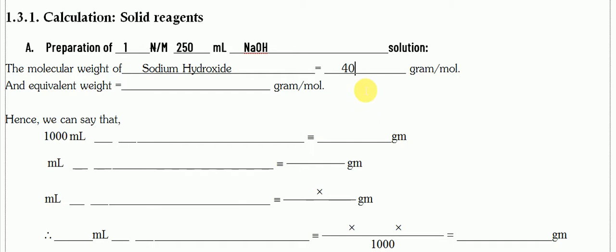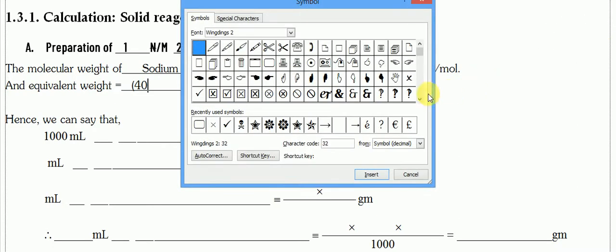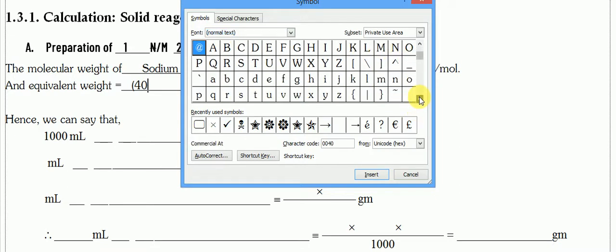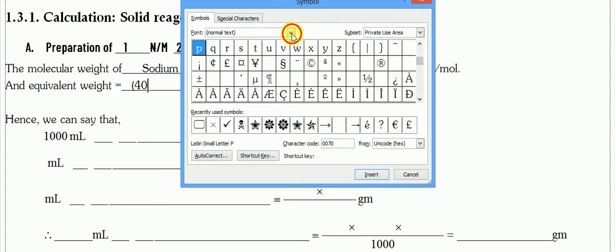Okay, since we are calculating the molarity, there will be no equivalent weight calculation, but in this regard I would like to show how the equivalent weight is calculated. If it were a normality solution, we would have to calculate the equivalent weight, and for sodium hydroxide the equivalent weight would be 40 divided by 1. 40 is the molecular weight of sodium hydroxide, and 1 is the equivalent number for sodium hydroxide.